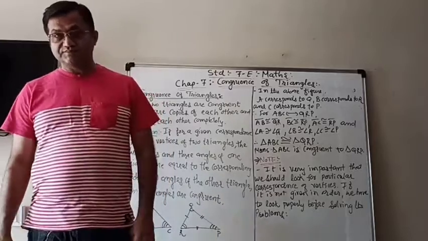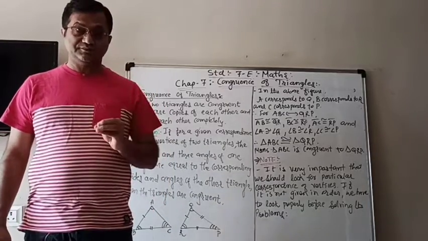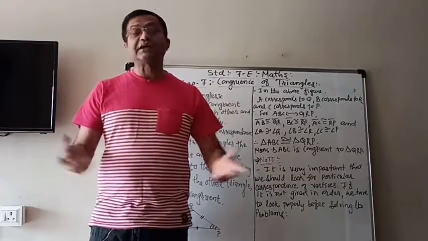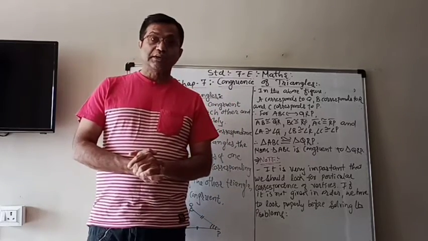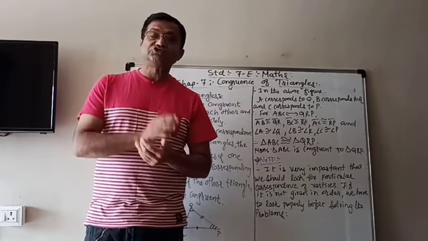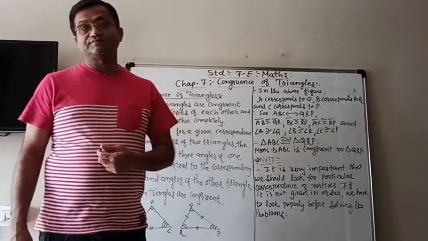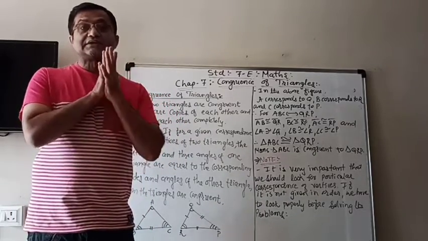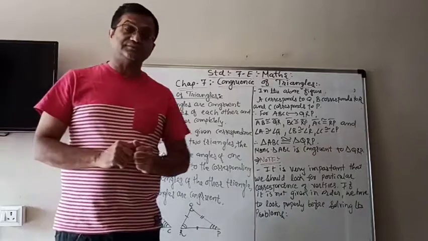Two figures are said to be congruent if they have the same shape and the same size. Both shape and size should be equal, and when we superpose them, they will completely cover each other.